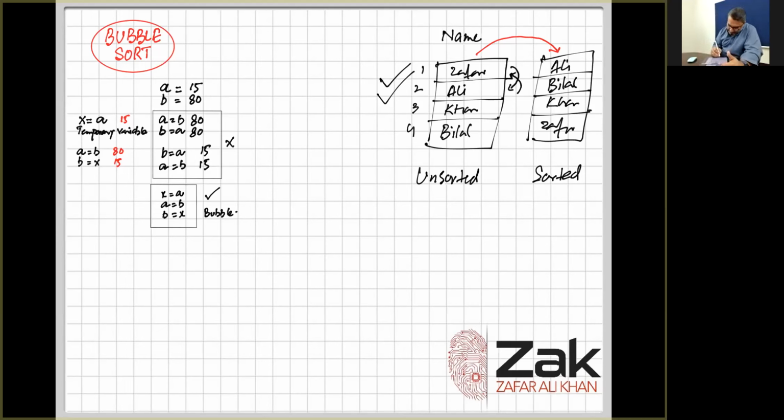So let's say I would write name X is equal to name1, name1 is equal to name2, and name2 is equal to X. That is what I would do.